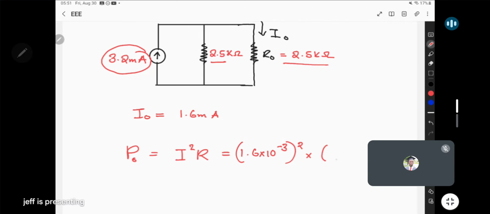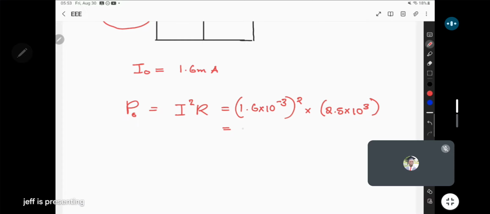I won't use kilo ohms, I'll use ohms: 2.5 by 10 to the power 3 ohms. Here we end up with 6.4 times 10 to the power negative 3 watts, or 6.4 milliwatts as the maximum power delivered to R0.